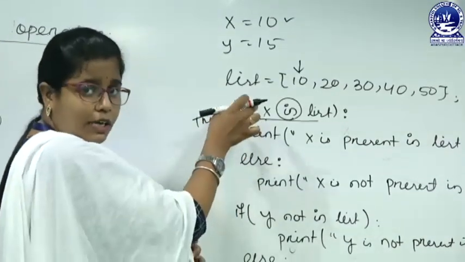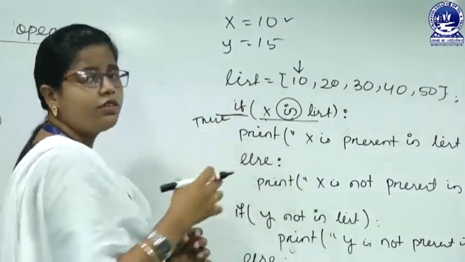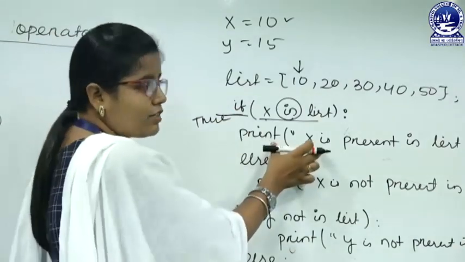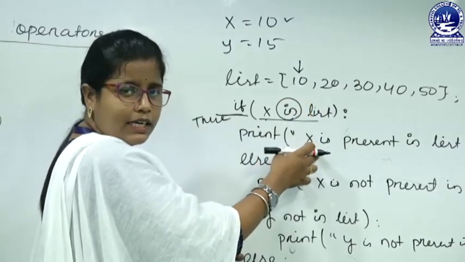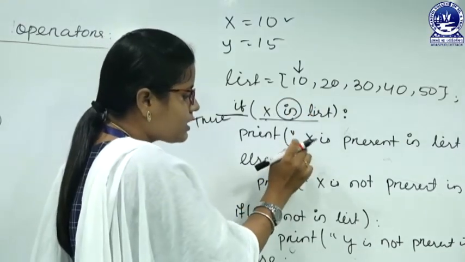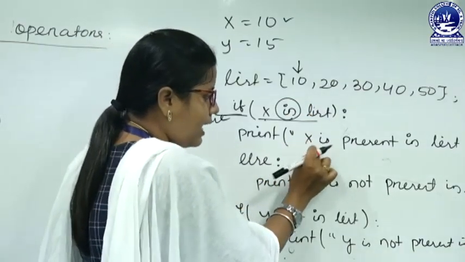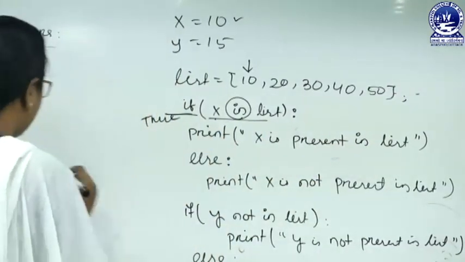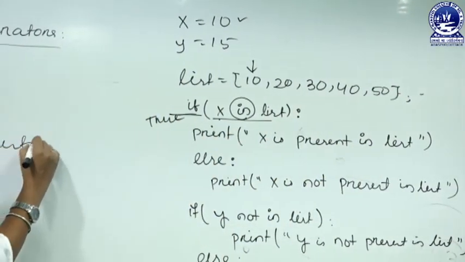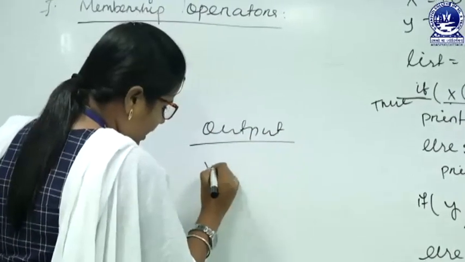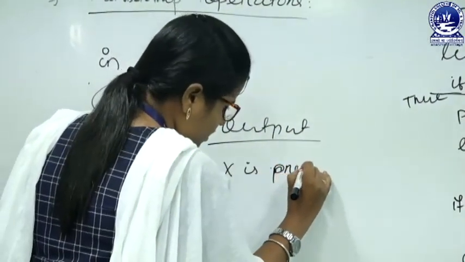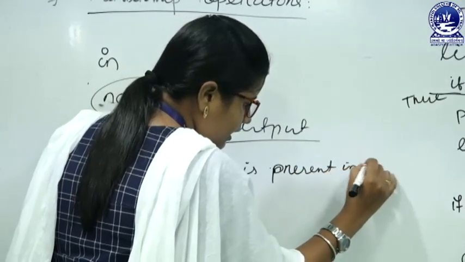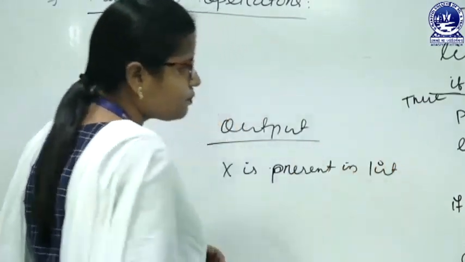If the if condition is true, then what will get executed? The first print statement, that is the if block, will get executed. Then the output screen will print x is present in list. Okay.